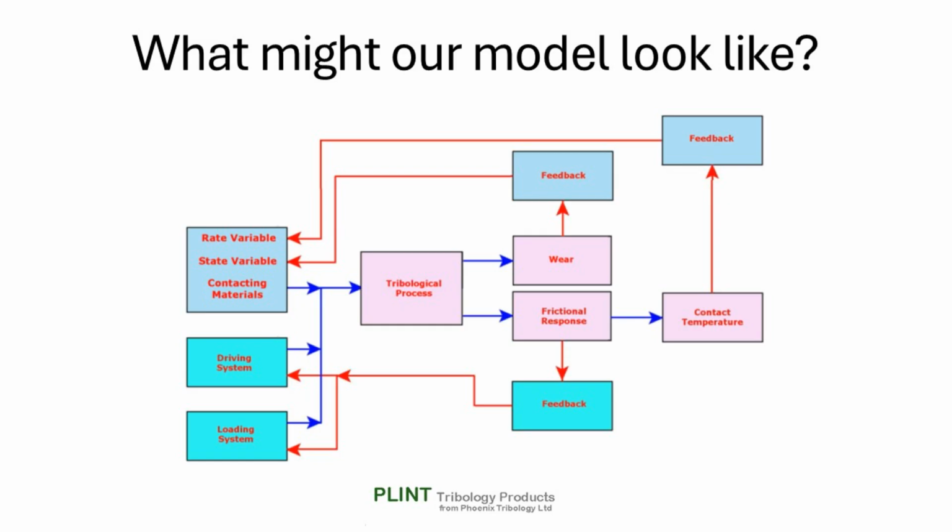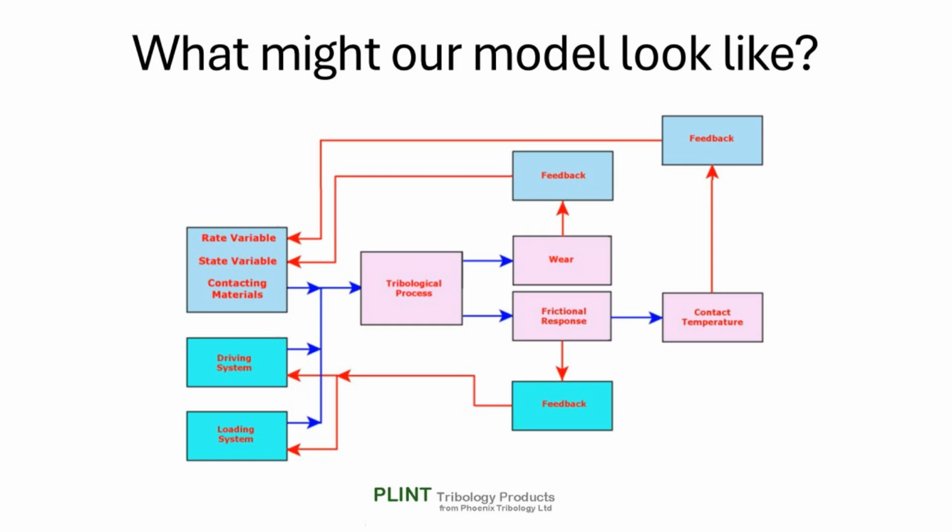The model comprises two equations. One for the friction coefficient, which includes direct, that's velocity dependent, and evolution, state dependent effects, and the second for the evolution of the state variable itself, which clearly must vary with wear and temperature.